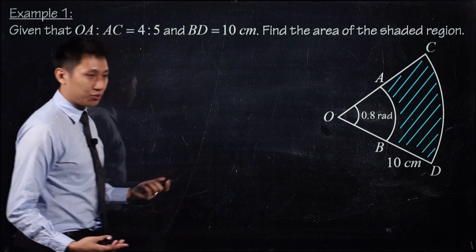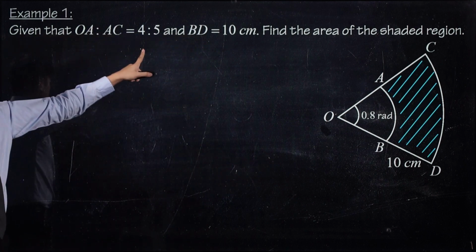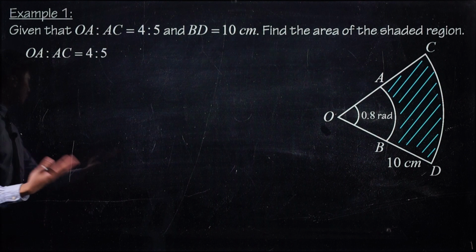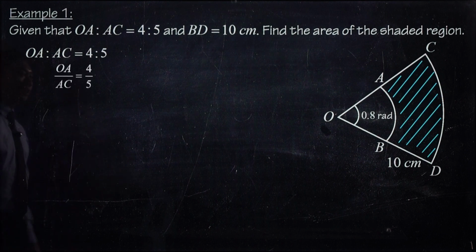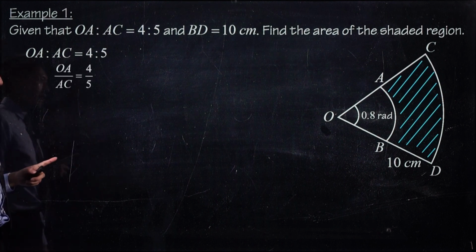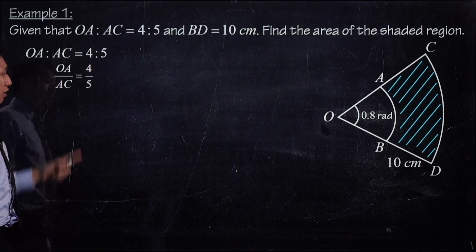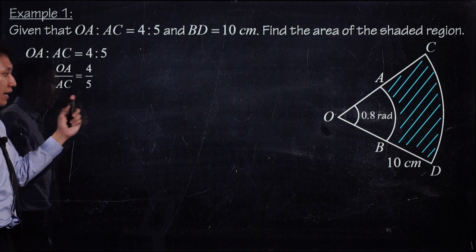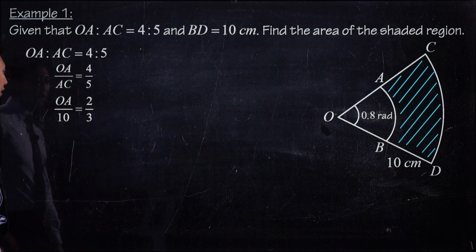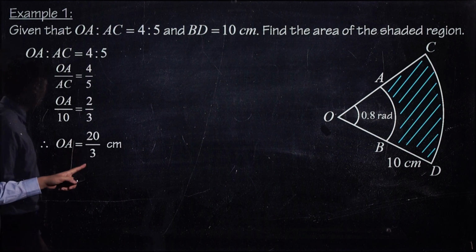So what we need to do is to make use of this information and change it to something useful in division. We have AC, because AC is equal to BD, which is 10. So 10 is here, you multiply over, so it's 20 over 3 cm.